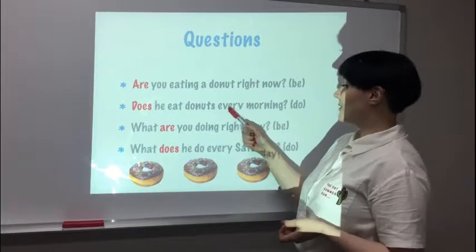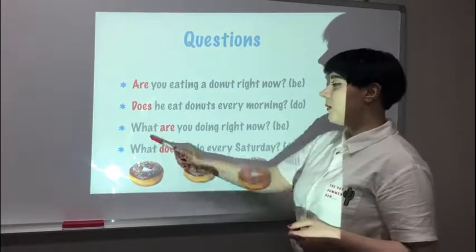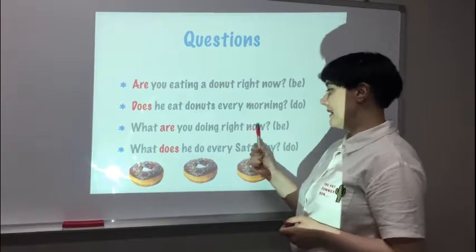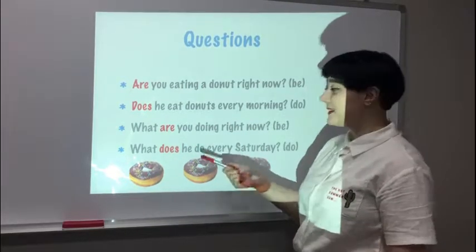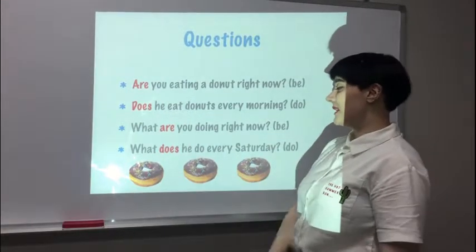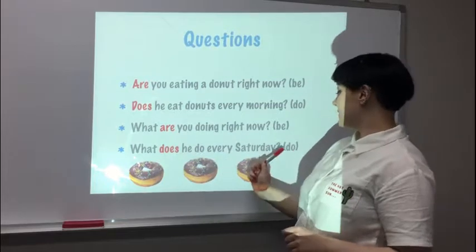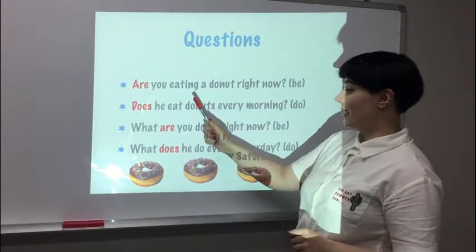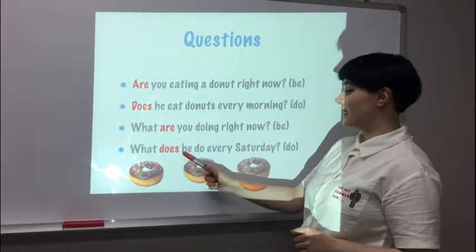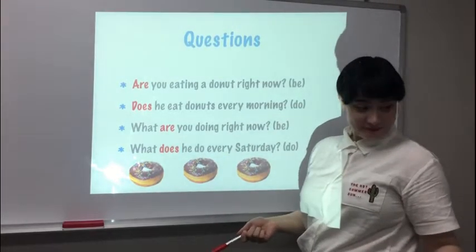Because it's every morning, we're probably asking about his routine. What are you doing right now? Right now is present, so we use be plus ing. What does he do every Saturday? Does is do, and we don't have ing here because it's a routine.